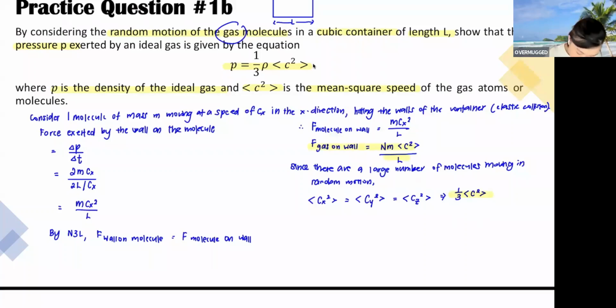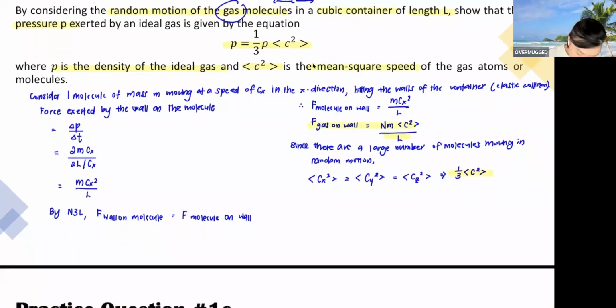And therefore, if we were to calculate the pressure, we know that pressure is force divided by area, and the area of the cubic container would be L squared, and therefore this would be 1/3 Nm delta the average of c squared divided by L cubed.